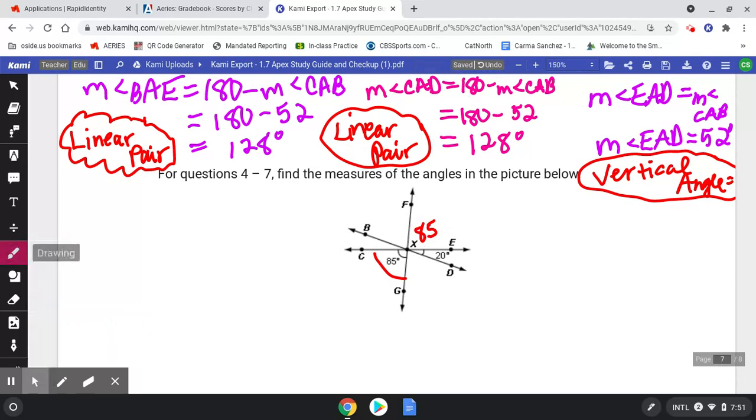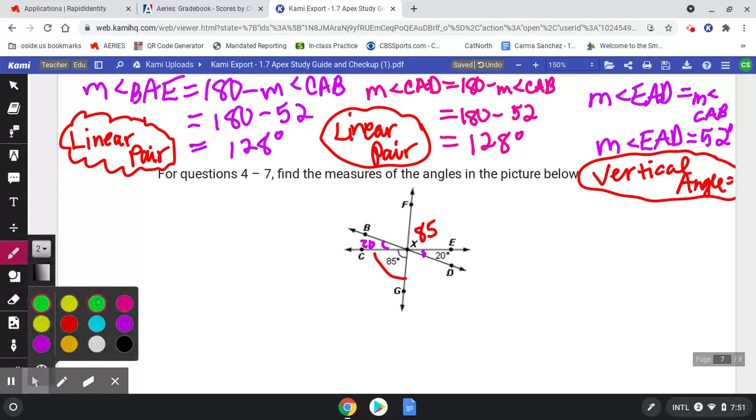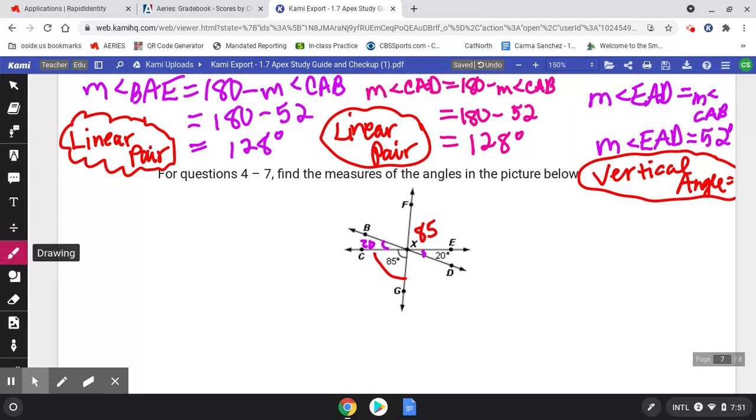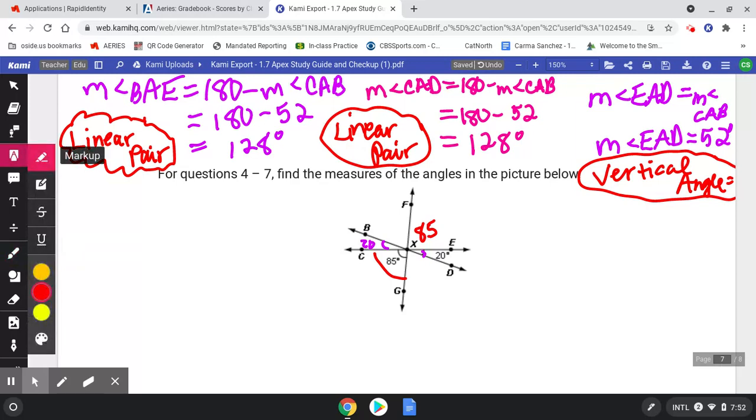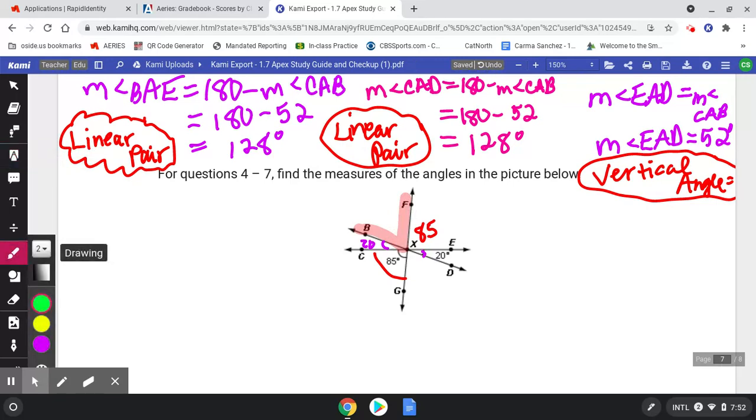If I can see that this angle right here is 20 degrees, and I see that the vertical angle to it over here is 20 degrees, I'll write that in. Now, I can do the measure of this angle, let's call it BXF, by linear pair.